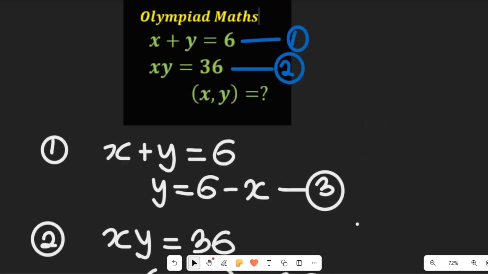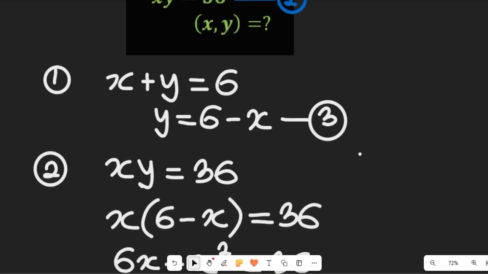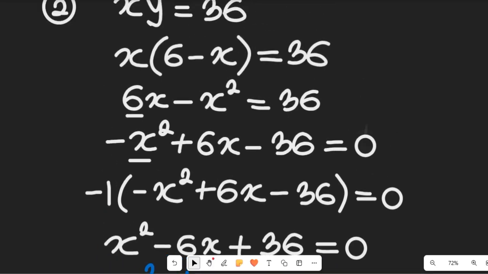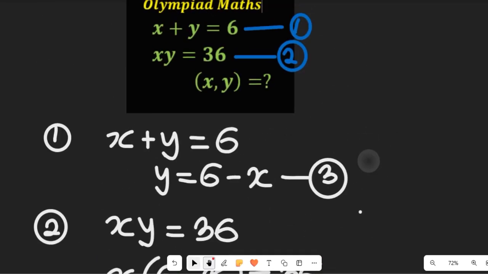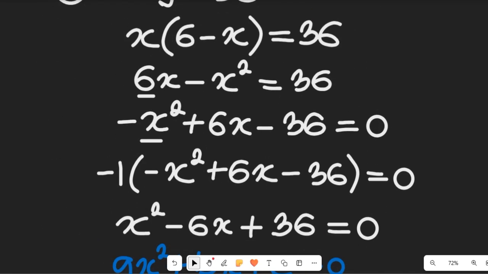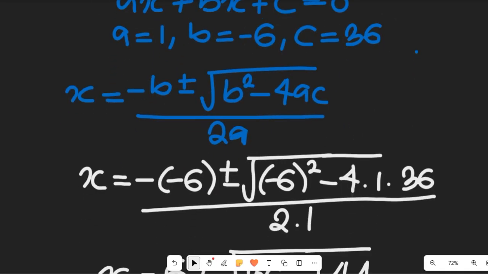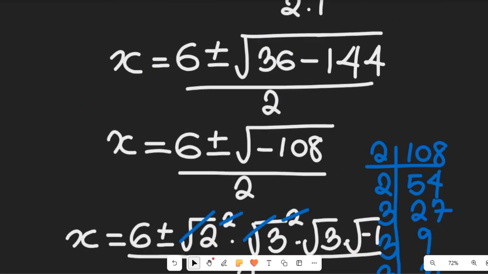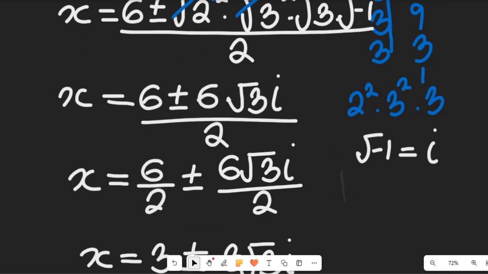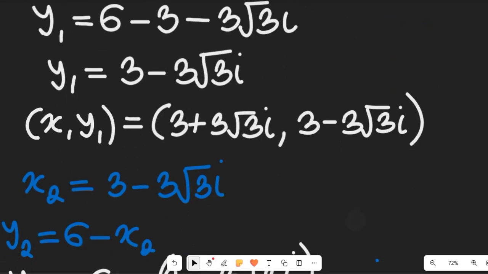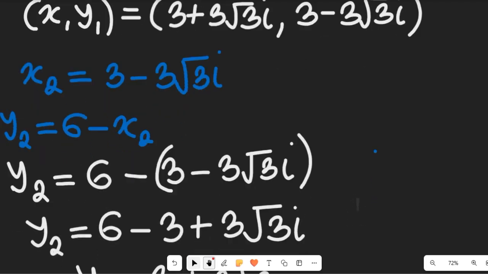Now let's check. Given that x plus y is equal to 6 and x multiplied by y is equal to 36, we are going to check if our solution is right. Using the first solution, x1 and y1, we are going to find out if those solutions are absolutely right.